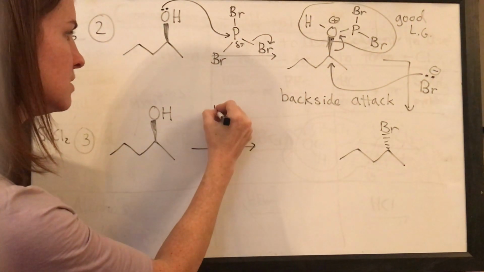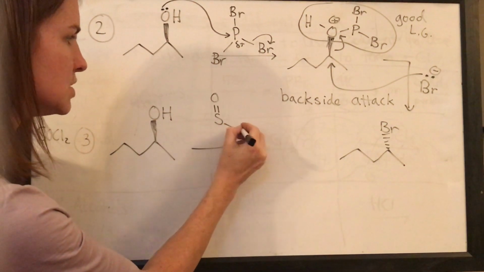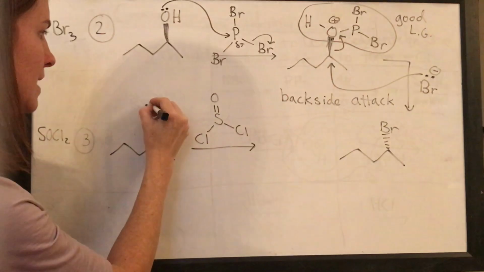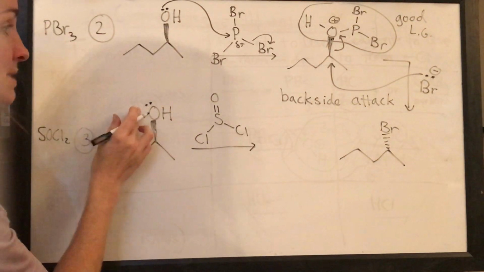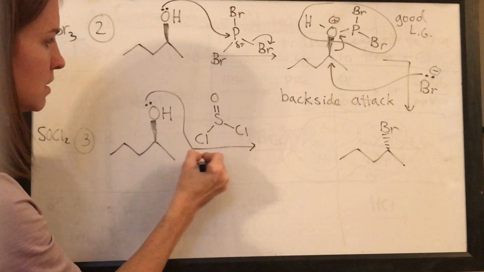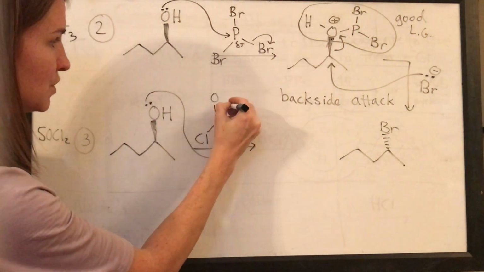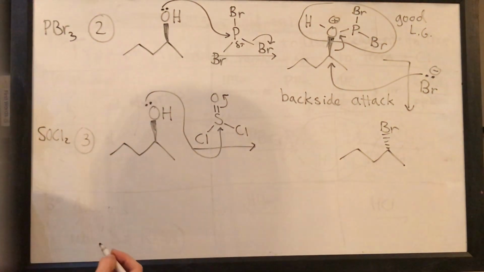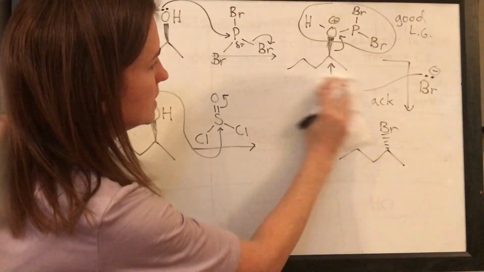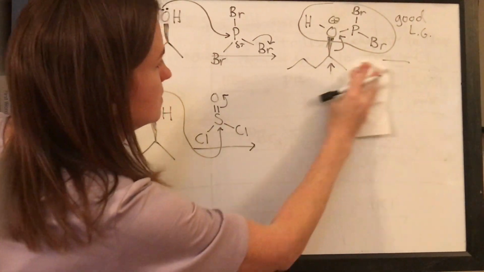So SOCl2 looks like this. It's a sulfur double bonded to an oxygen. It's got 2 chlorines on it. The oxygen, once again, is attracted to the species that has a partial plus charge, so that's the sulfur. So this comes in and attacks the sulfur, and in the mechanism, it actually kicks up a lone pair to the oxygen. And to save space here, I'm going to erase a little bit of this so we have room to write.